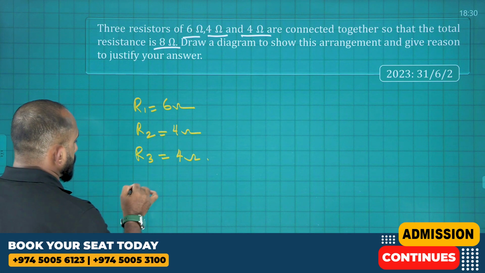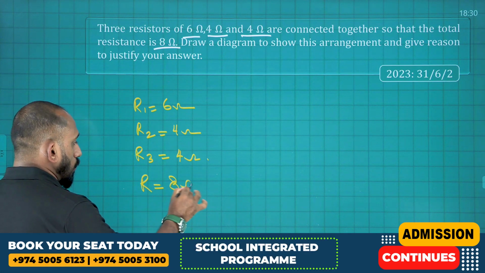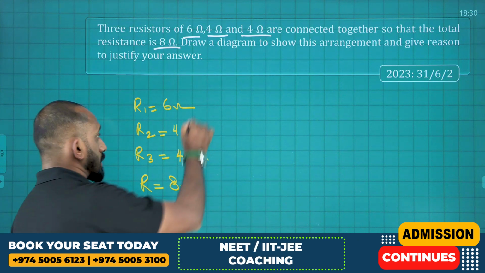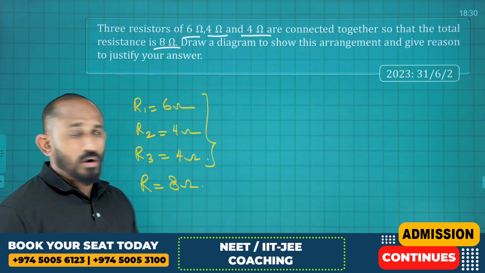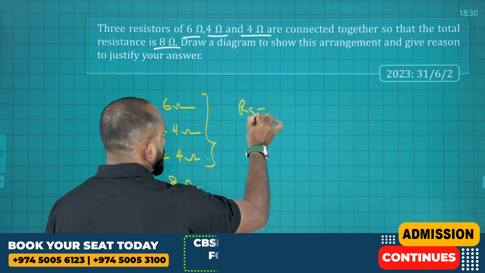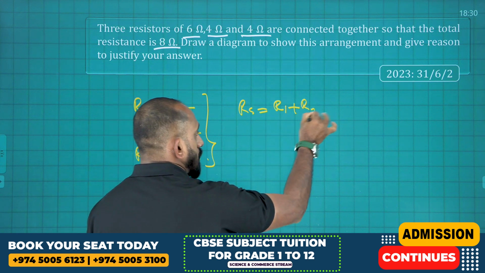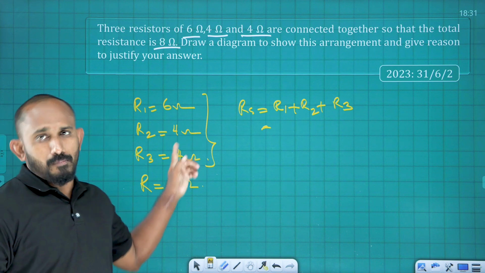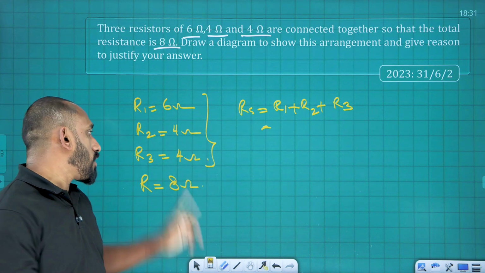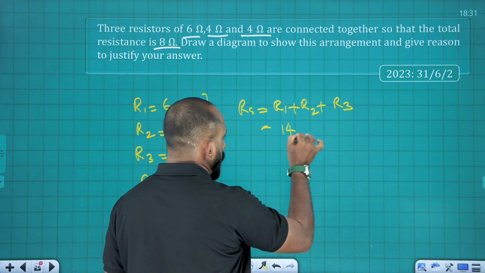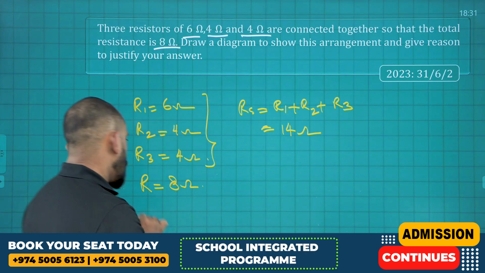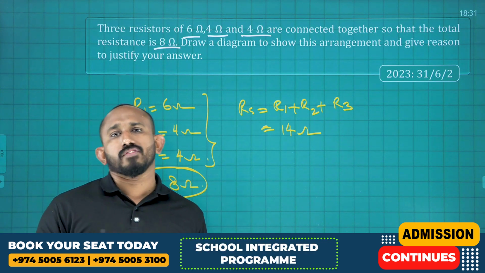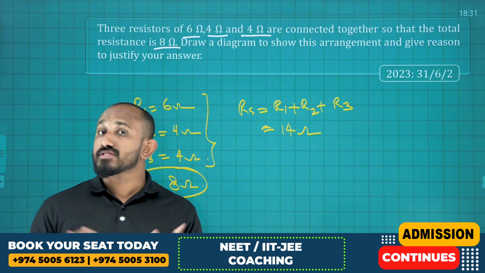Now the resultant resistance is given as 8 ohm. If all of them are connected in series, we know Rs is equal to R1 plus R2 plus R3. 6 plus 4 plus 4 is 14 ohm. But we have to get 8 ohm only. So connecting all together in series is not working.